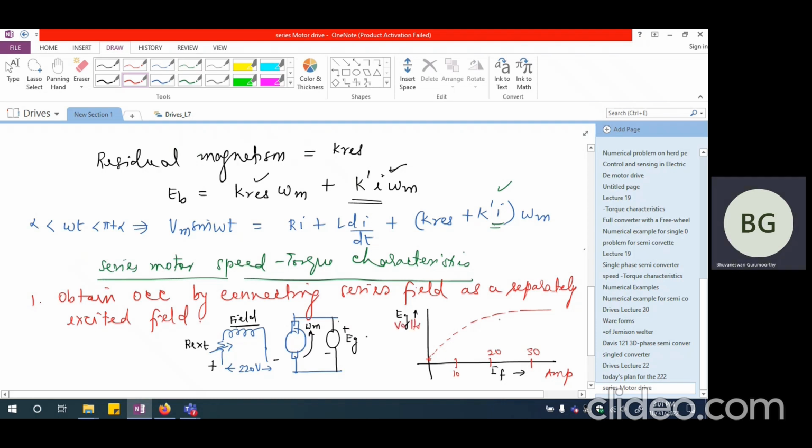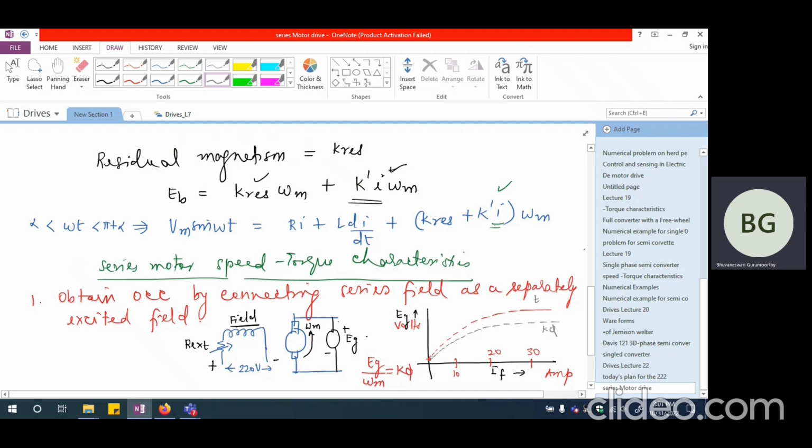Now from this, if you divide this by omega, so EG divided by omega m will give us the K5 value at different values of field current. So you will be able to get exactly what is the value of K5, and that variation will also be somewhat like this.